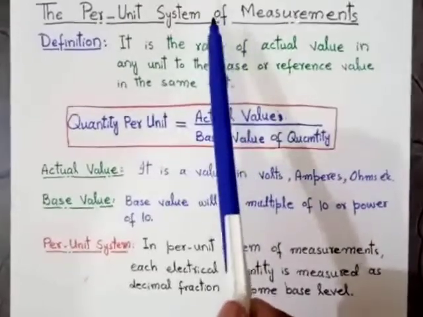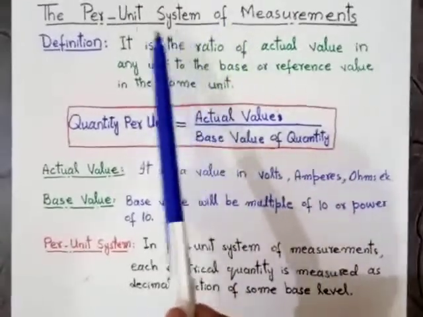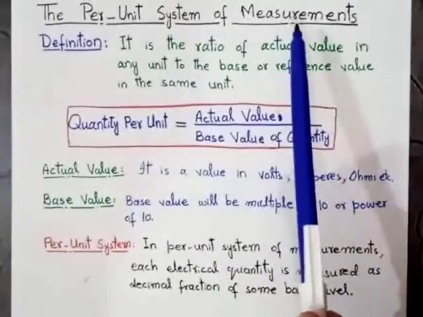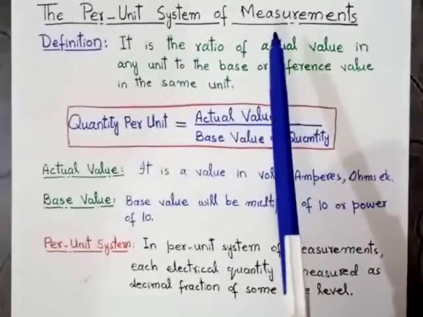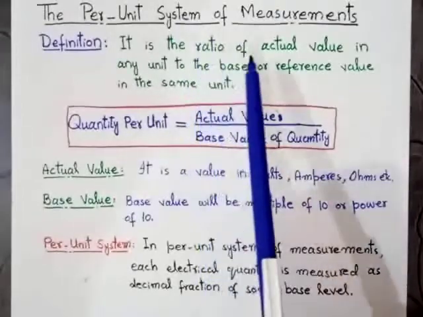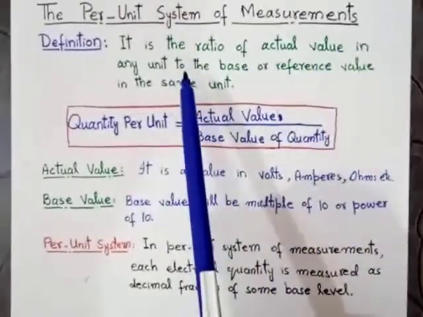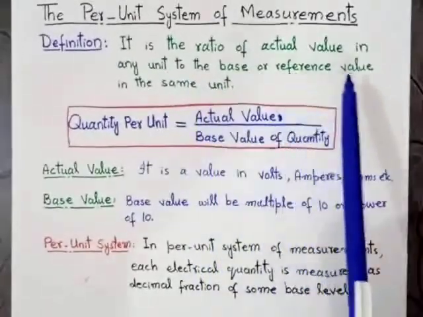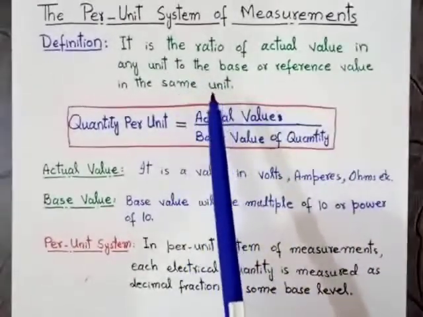Now the question is, what is the per unit system of measurement? The per unit system of measurement is the ratio of actual value in any unit to the base or reference value in the same unit.